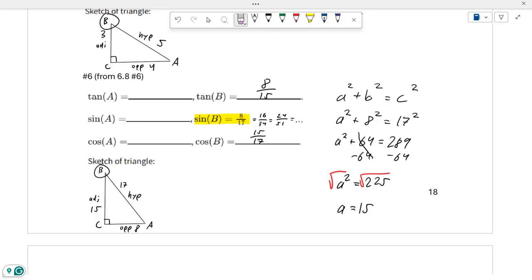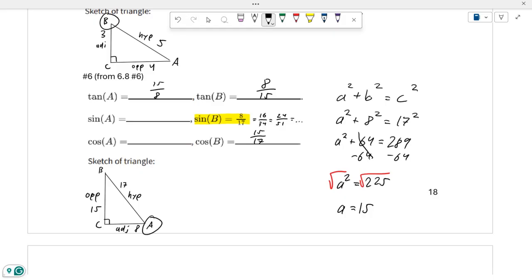We'll jump over to angle A. So angle A. My hypotenuse doesn't change. However, now 15 is my opposite and 8 is my adjacent. The definition for tangent in a right triangle is opposite over adjacent, and so that is 15 over 8.